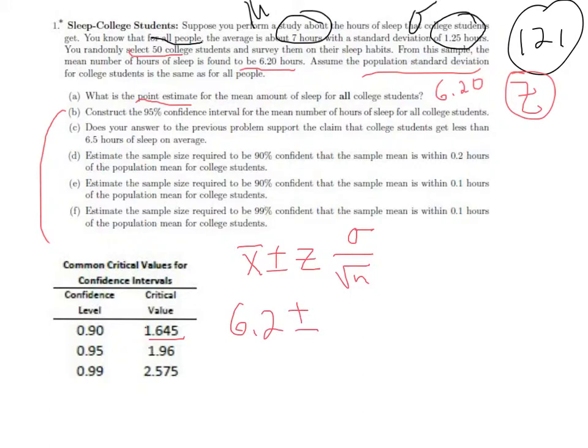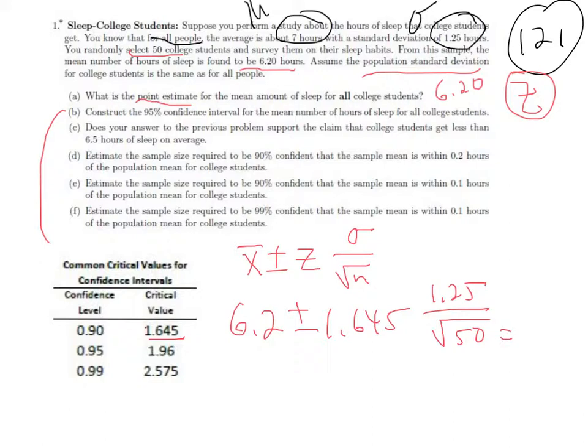We know that the z-score we want is 1.645 for that level of confidence. And the population standard deviation is 1.25 hours. We're going to divide that by the square root of the sample size, and this is a sample of 50 college students.